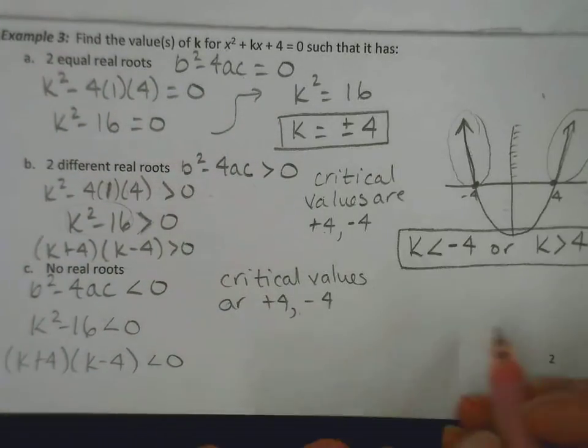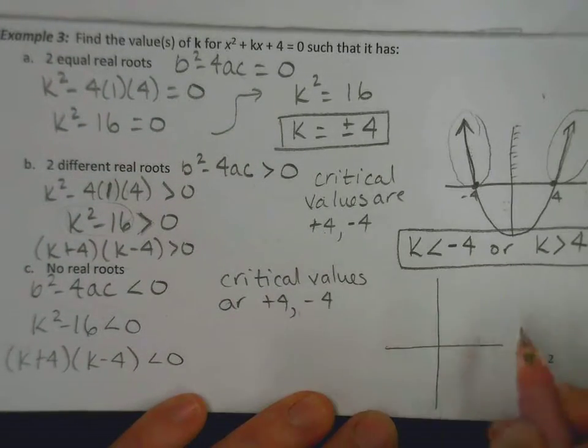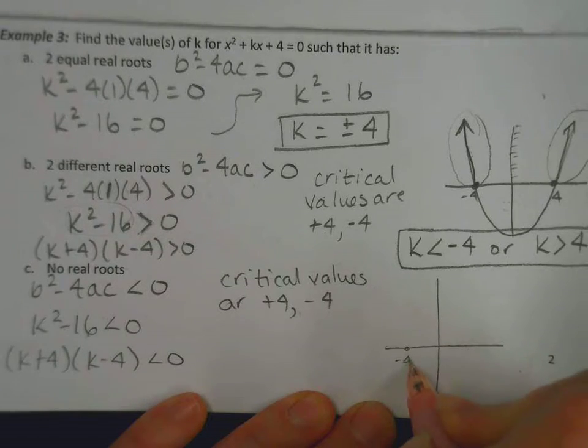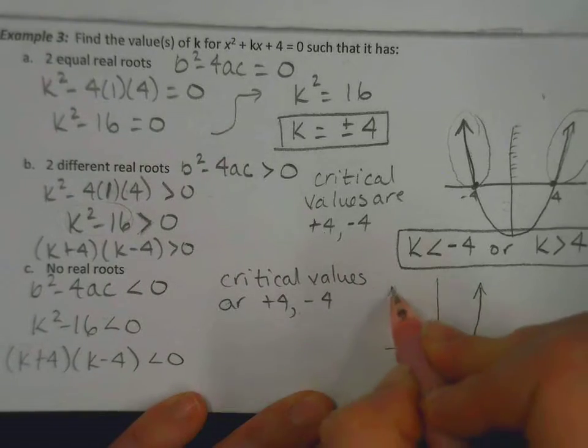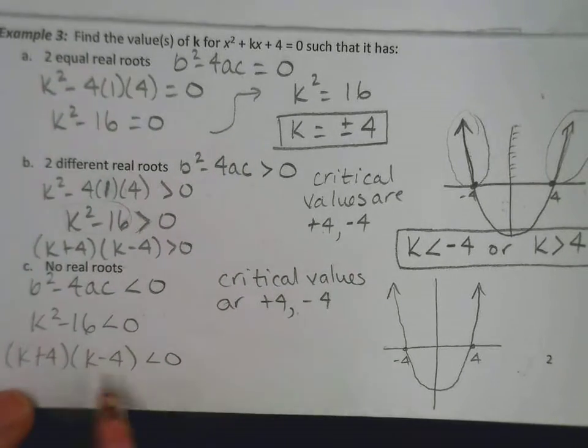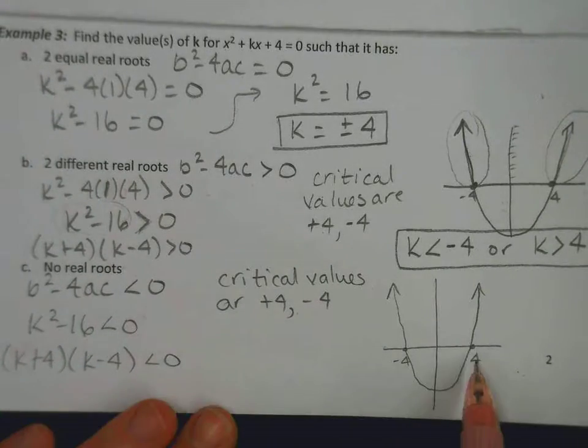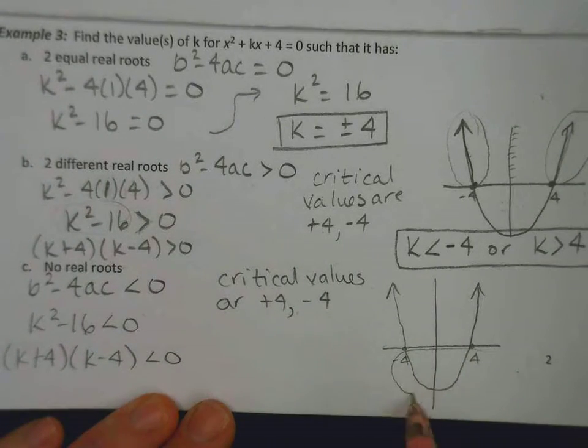Again, looking at this graph, x-intercept negative 4, x-intercept positive 4, it's the exact same graph as what we just talked about, but now we're looking for our y values that are smaller than 0. Where does that occur? It occurs on this part of the graph. So I'm going to circle this, and now I'm going to talk about my x values.